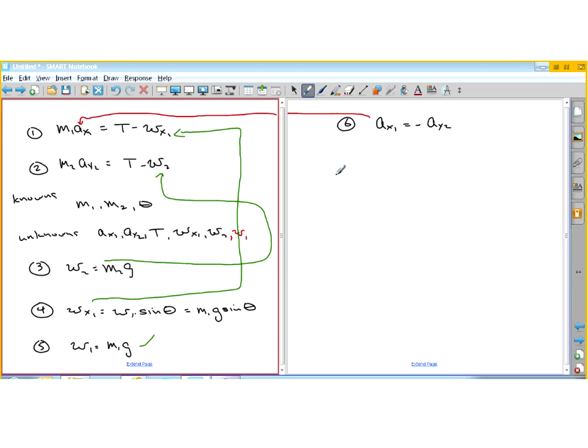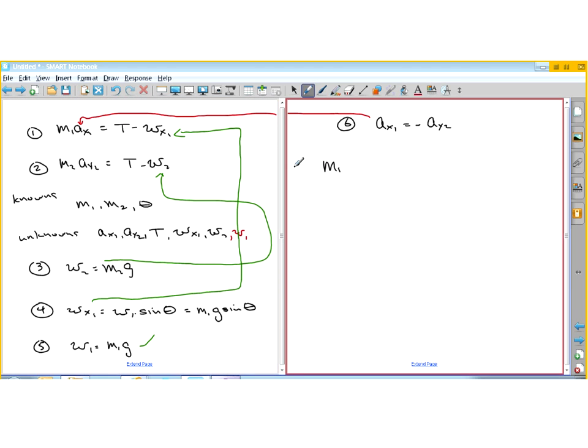So let's make those substitutions. So we have m1 a sub x1, but that's equal to negative a sub y2. That's equal to T minus W sub x1, but W sub x1 is equal to m1 g sine of theta. Okay, so that's the first equation. Second equation, m2 a sub y2 is equal to T minus W2, the weight, but that's equal to m2 times g.